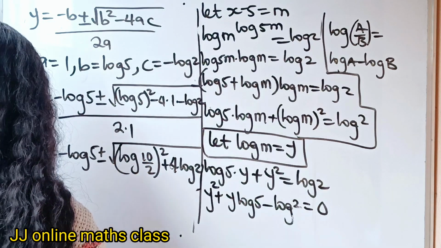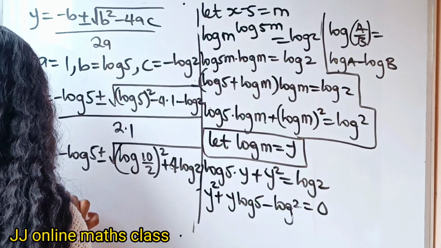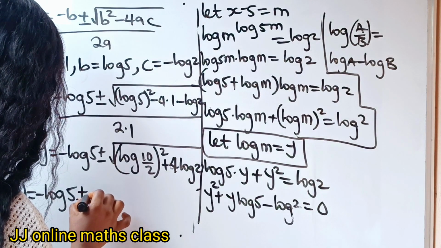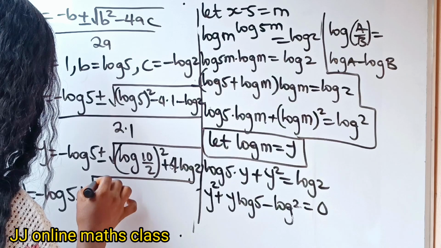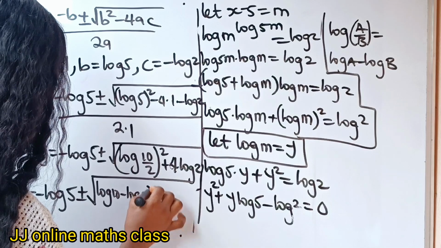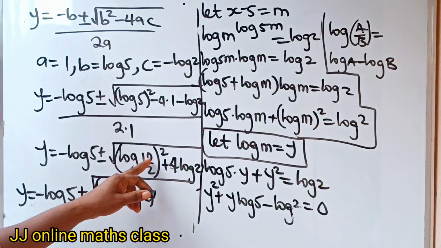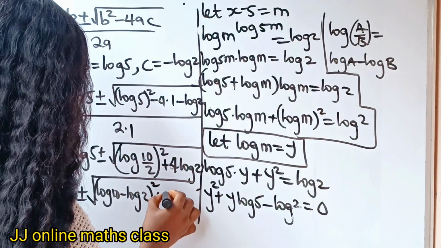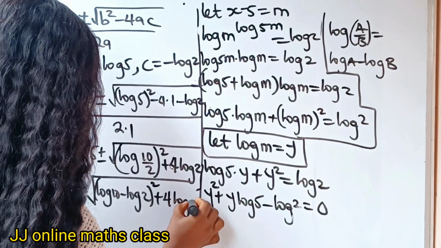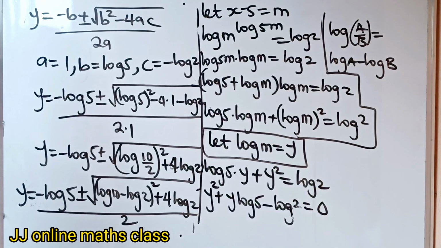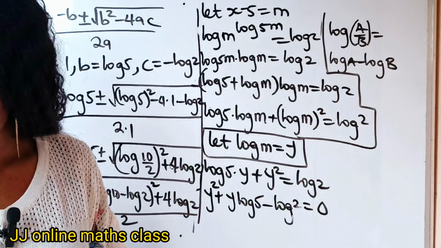So we can write this as y is equal to minus log 5, plus or minus square root of log 10 minus log 2, all squared plus 4 log 2, everything divided by 2. All right, we continue.